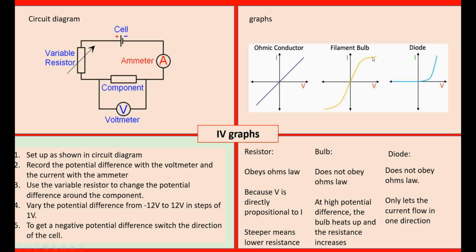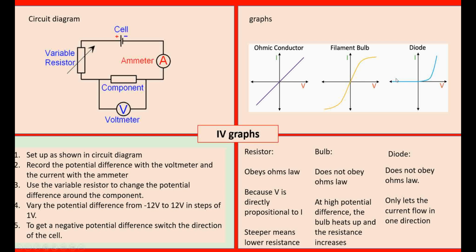The filament bulb has this sort of S shape that doesn't tail down, so it doesn't even go flat, but it's this sort of S shape here. This means the resistance is changing. The resistance changes because the temperature changes. At high currents, we have an increase in temperature and the resistance gets bigger, so the gradient becomes flatter. The slope is flatter.